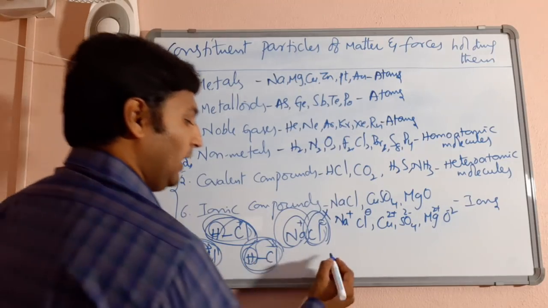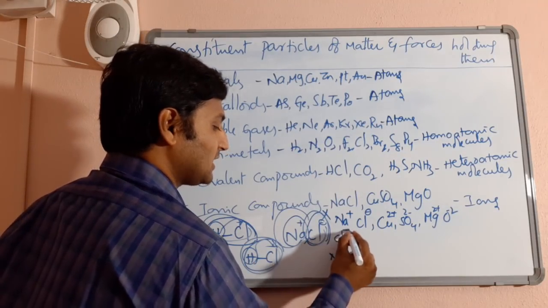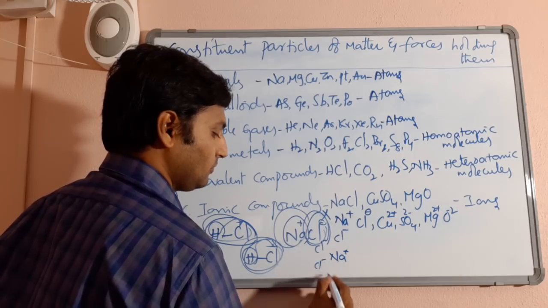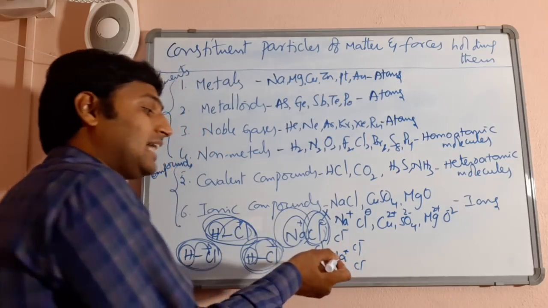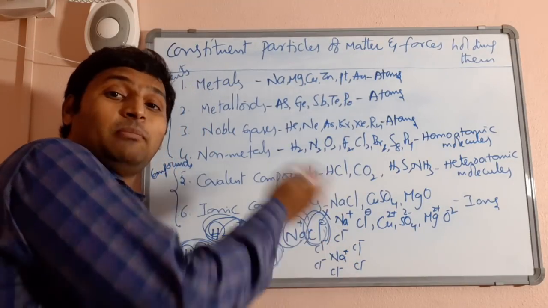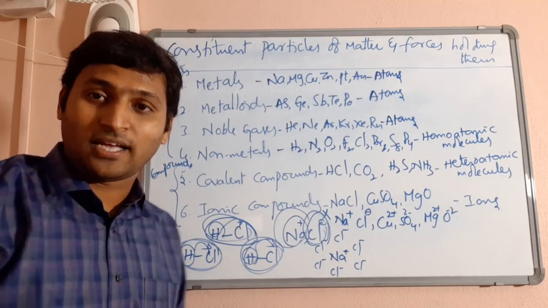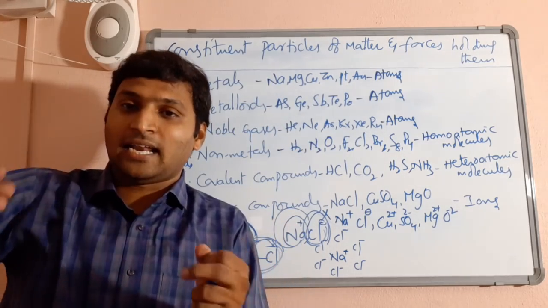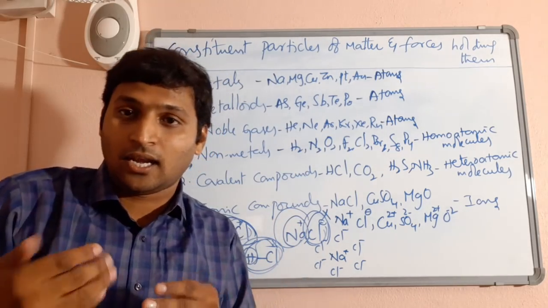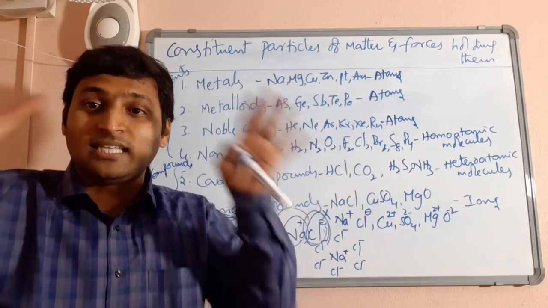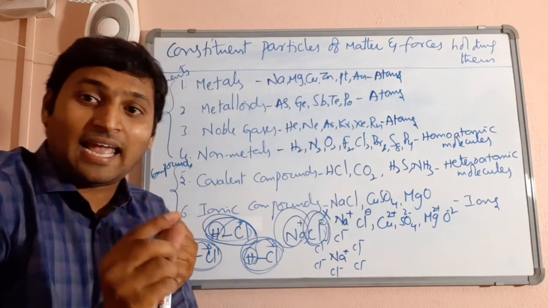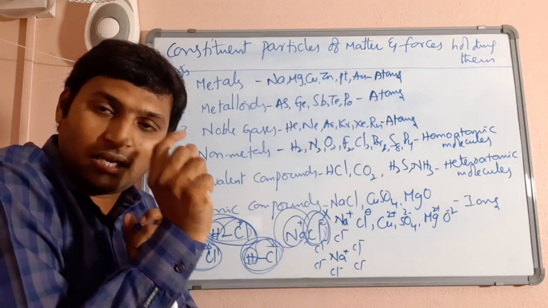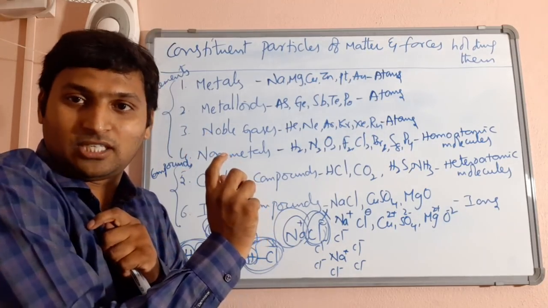Means a sodium is surrounded by 6 chlorides like this, and each chloride is surrounded octahedrally again by 6 sodium cations. Likewise, cation, anion, cation, anion, in 3 dimensions, they are so packed up that you can't say each unit is independent from each other.